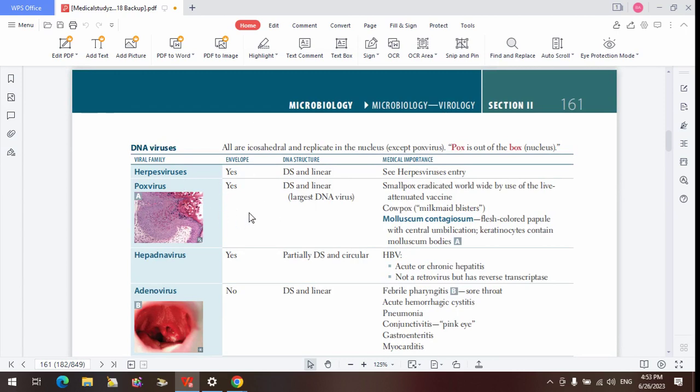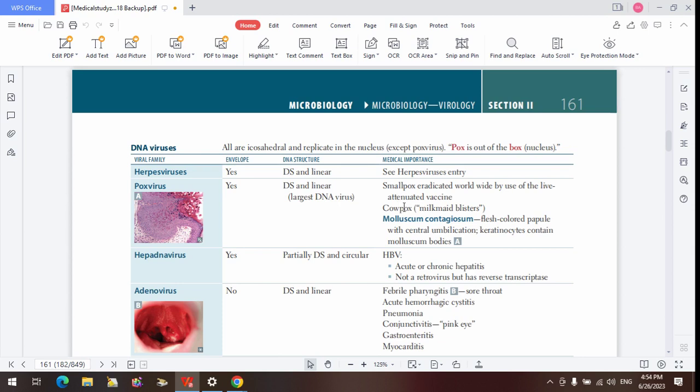The pox is the next one. So quick, what is the clinical relevance of the pox virus? What does it cause? What's the pathologic relevance? Pox virus can cause 3 infections: smallpox, cowpox, and molluscum contagiosum. I thought you said chickenpox.